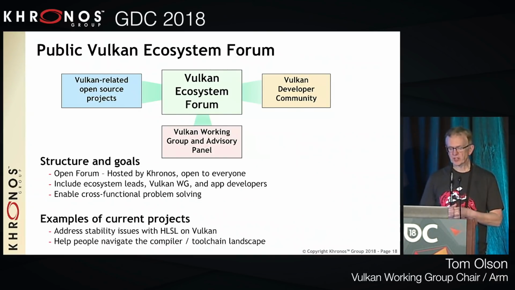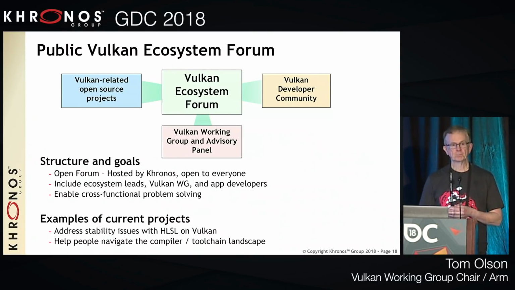Some examples of things that we're doing. There was an observation and a lot of reports from people saying, HLSL, yes, there's DXC support, there's GLSlang support, and there are lots of bugs and issues. What can we do about that? The answer turned out to be to bring together the stakeholders, set up a dedicated side meeting, and have them talk and work together.